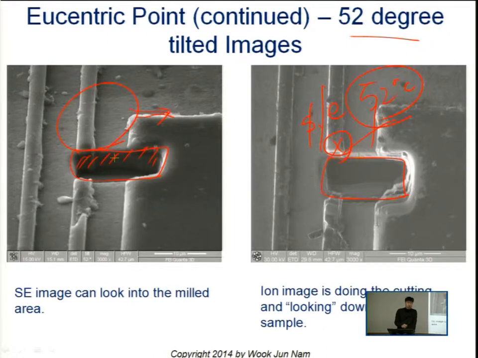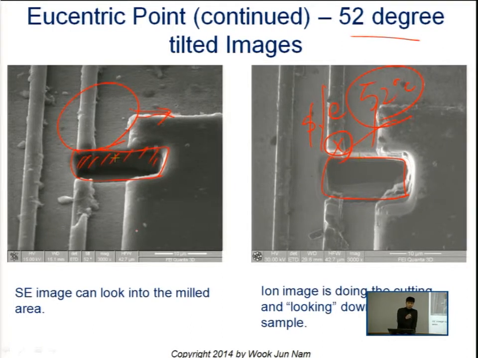In that case, you roughly lower the Z position of your stage, and then do the focusing again, and then tilt the stage again until you do not see that movement of the images.